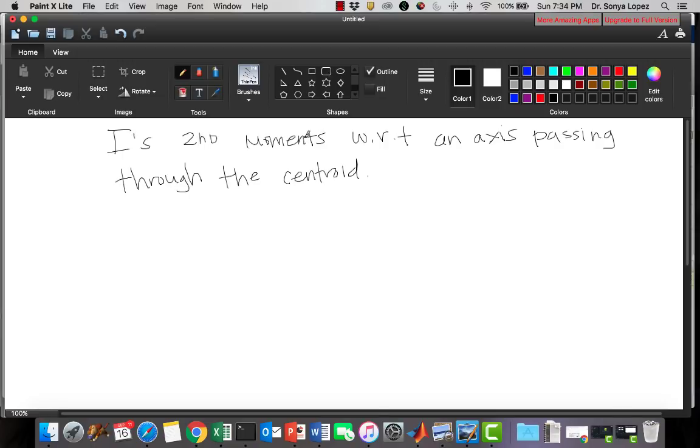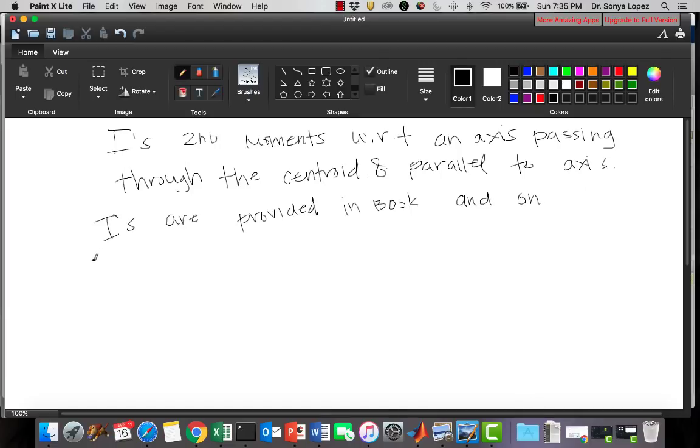Okay? And parallel to either your x or y axis. Okay? So the I's are provided in your book and on Moodle.